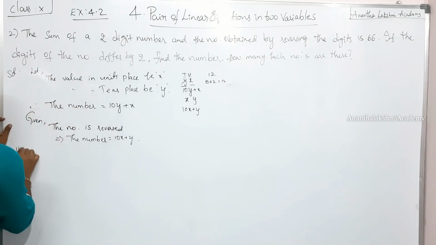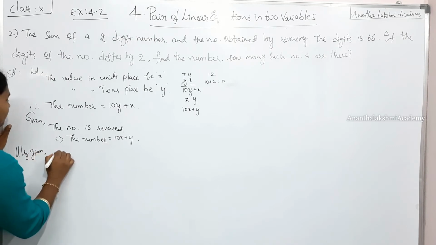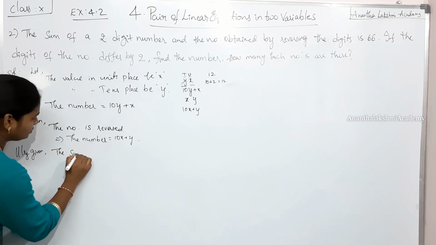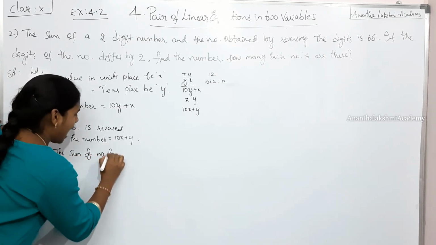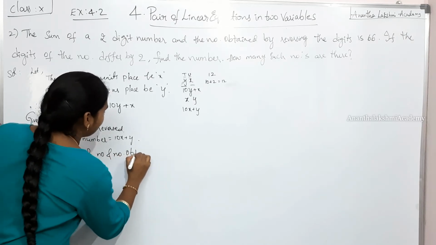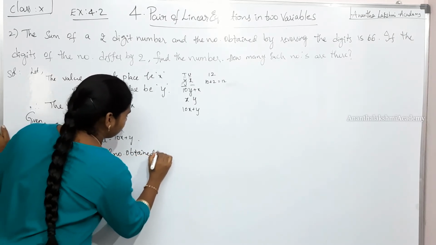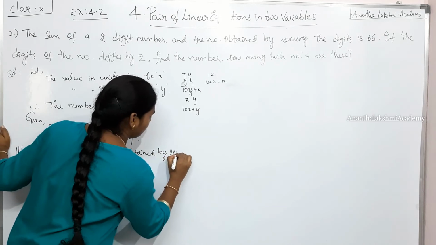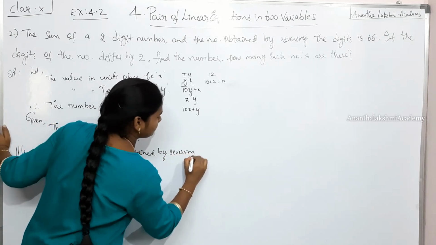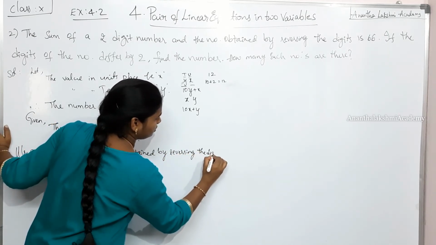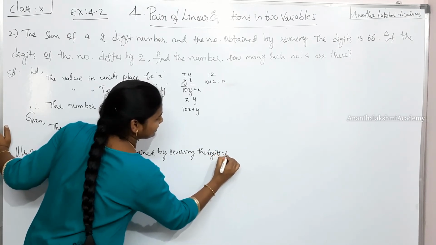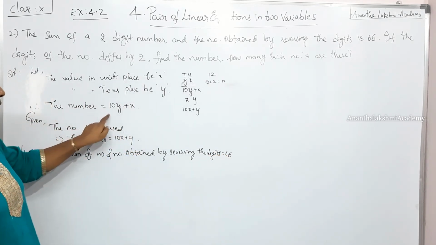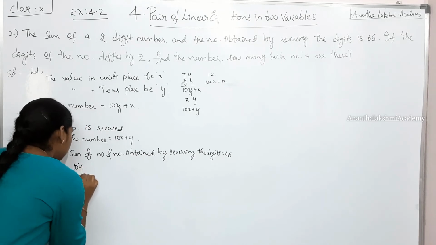Similarly, what is given? The sum of the number and the number obtained by reversing the digits is nothing but 66. What is the number? 10y plus x.